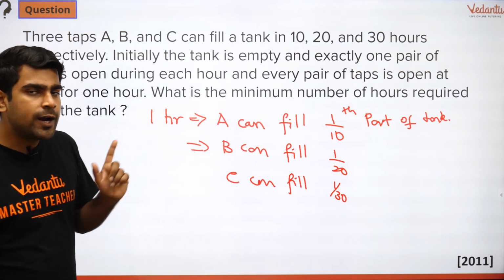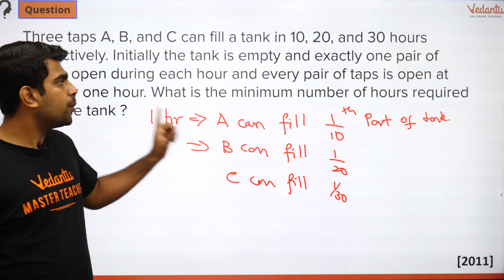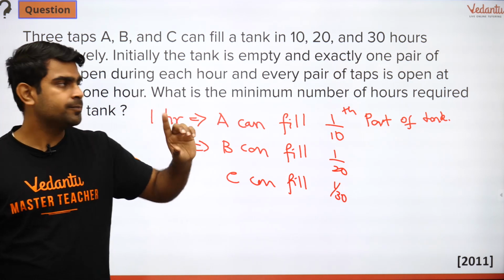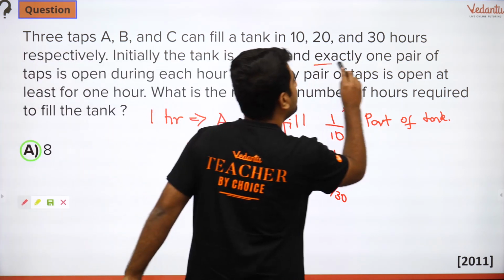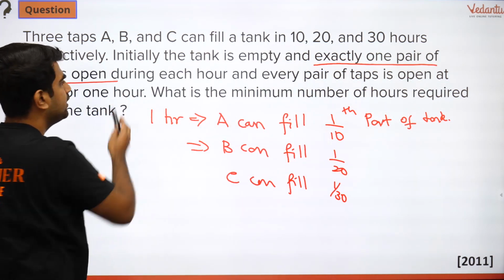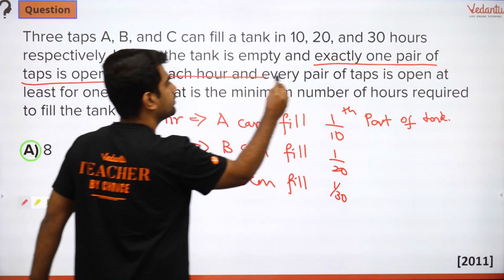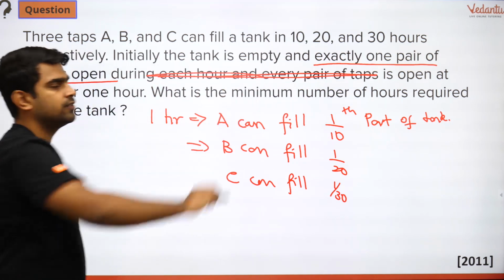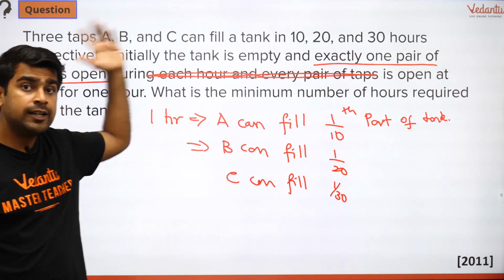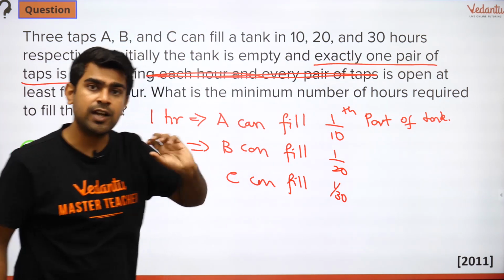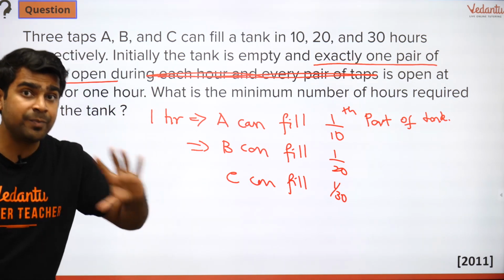But here, what we want to do is, we want to open only one pair. Okay. So let's say exactly one pair is used. Let's forget about the other conditions for now. Let's look at exactly one pair. Now tell me how will you solve it for the minimum time.